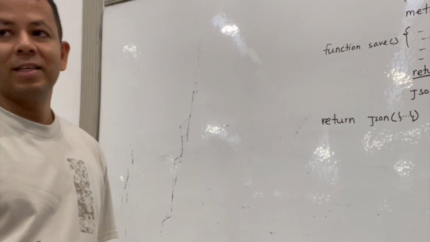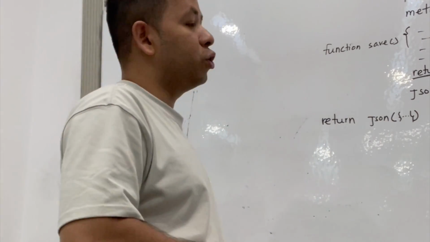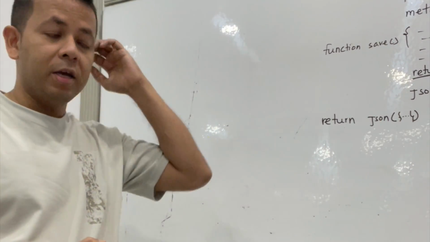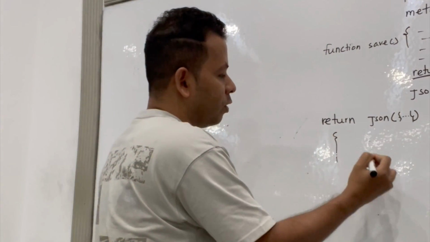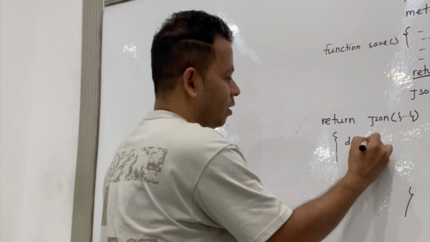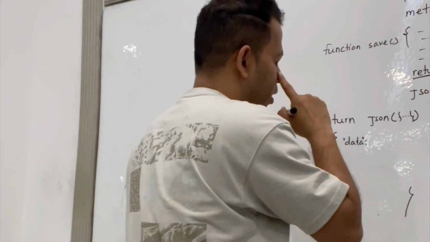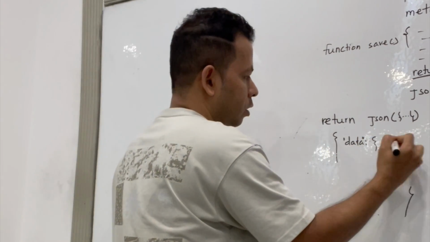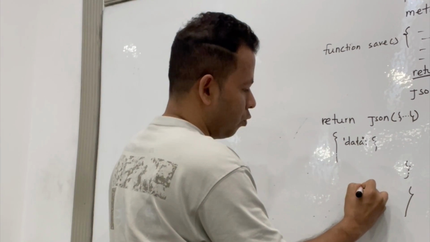That something is the data, and that data is called the response body. If you open the response body, it will look like this, say data, and then here you will have another one.